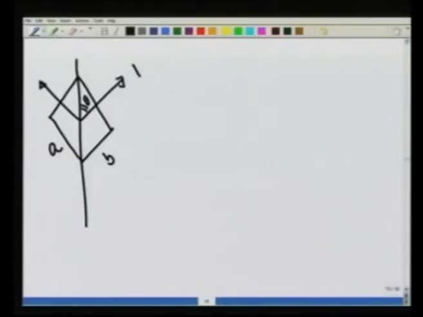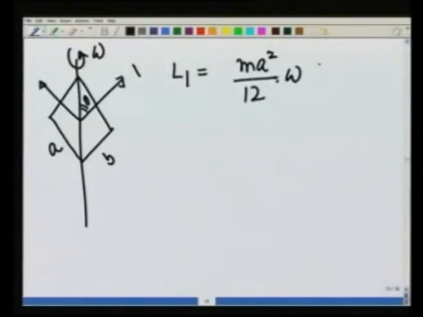Let me redraw the whole thing. This is the diagonal. This is how the plane is, axis 1, axis 2, this is theta, and this is rotating with omega, and therefore L1 comes out to be ma²/12 omega cosine theta, which is b over the square root of a² plus b².